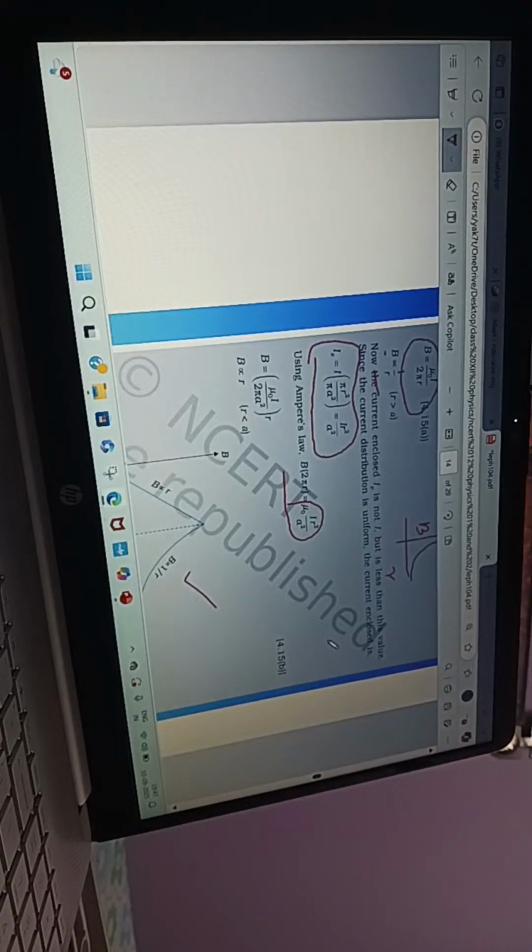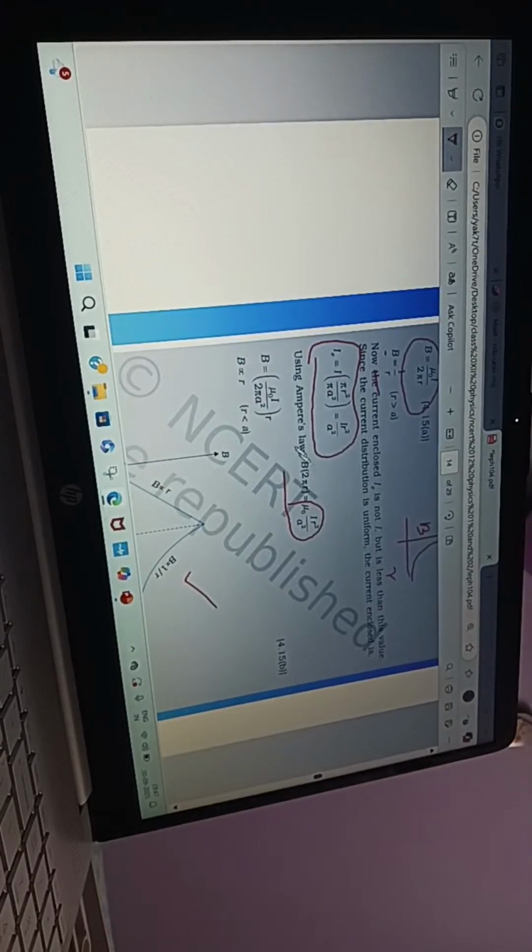Pi a square is the whole area of the conductor, and pi r square is the area where you are finding the magnetic field, at that radius. You understood or not?